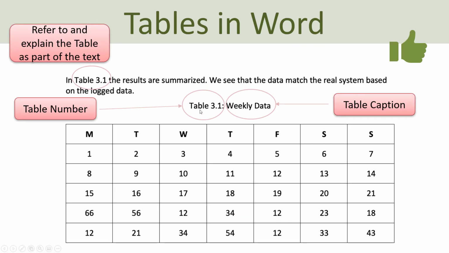And the same for tables, but then the table number and the caption are above the table. Of course, you need to refer to the table in the same way as you refer to figures as part of the text, and then explain the table and the contents of that table as part of your text.